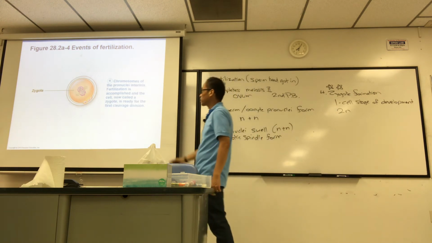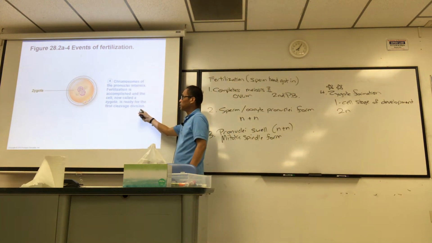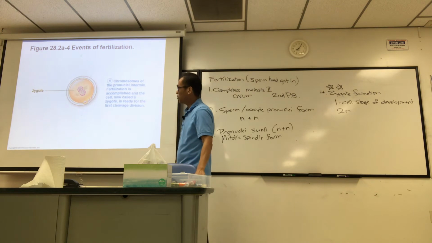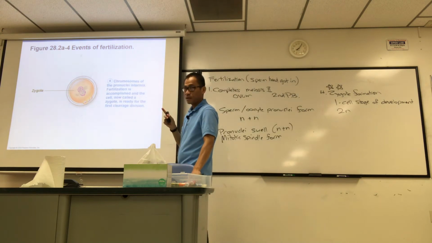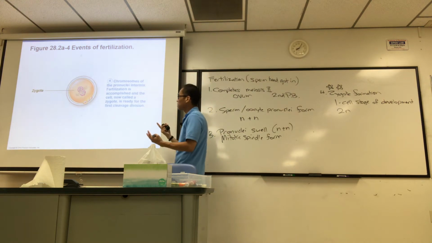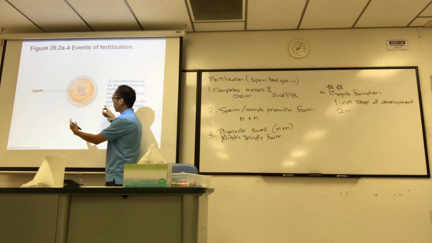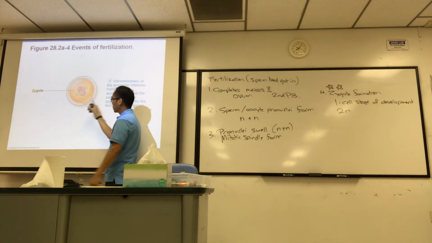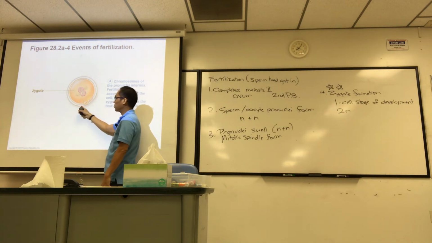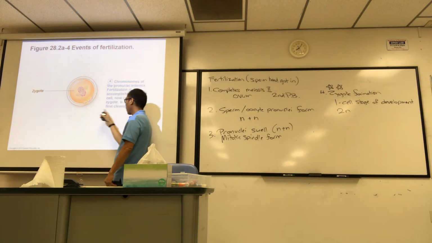Now you're ready for the first cleavage division. Do you see zona pellucida? It is still there. So the first cell divisions, this 1 cell, you cannot have 2 cells the same size because you're contained within the volume of the zona pellucida. So you have to reduce your size with each cell division.